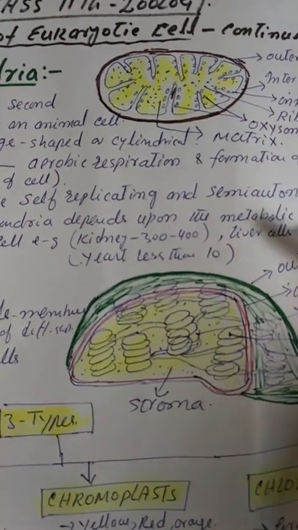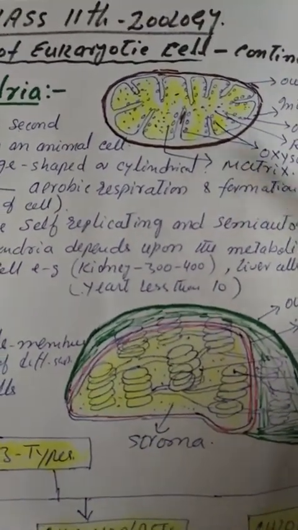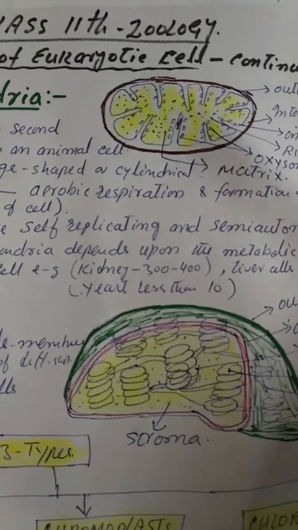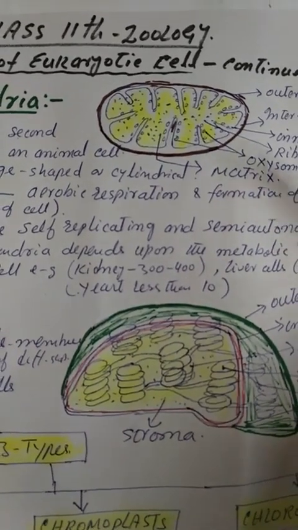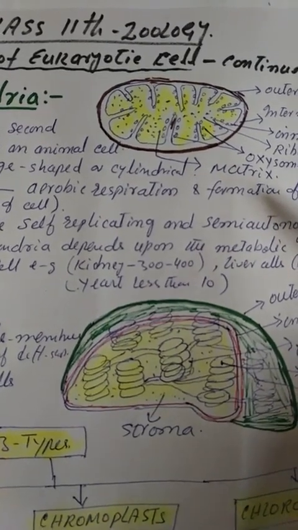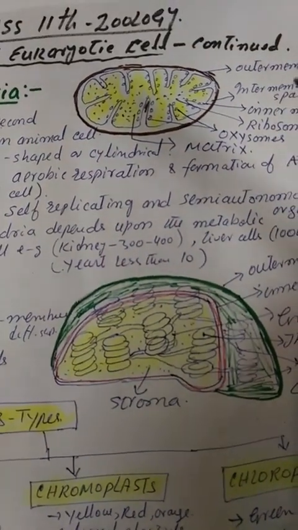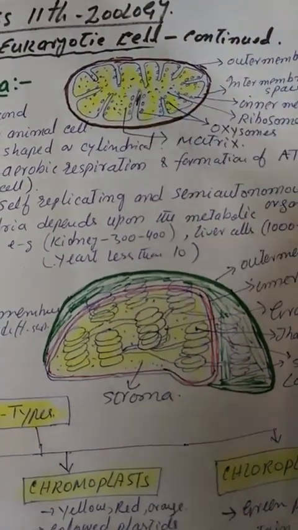Similarly, in liver cells or hepatocytes, the number of mitochondria is about 1000 to 1600 per cell because of the increased metabolic activities in hepatocytes. And in yeast cells, their number is less than 10 per cell.